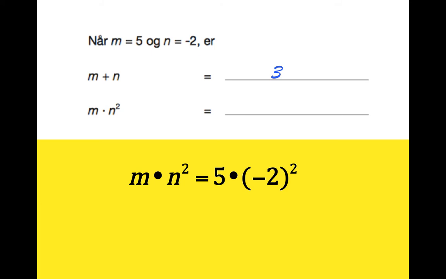It's just a question of knowing the correct order to do the calculations in and knowing what happens with minus numbers. So we need to do the power first. Minus 2 squared means minus 2 times minus 2, which makes 4, because minus times minus makes plus. So that's the same as 5 times 4, which is 20.